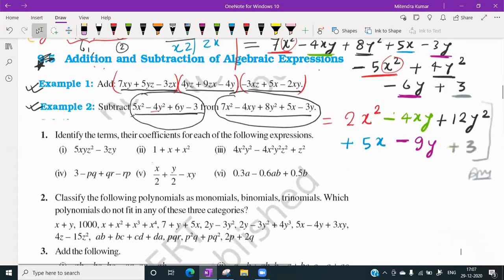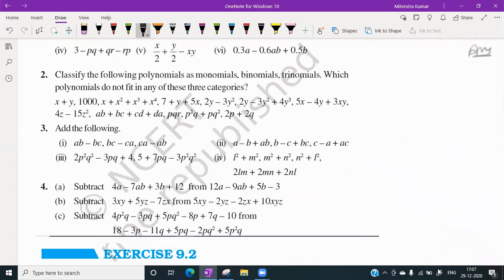Okay, so I have some more examples, so I will take one and two examples randomly. You just solve this question and this question, two examples you do these. You have to add the following, so you have to add these two and you have to subtract this from this.